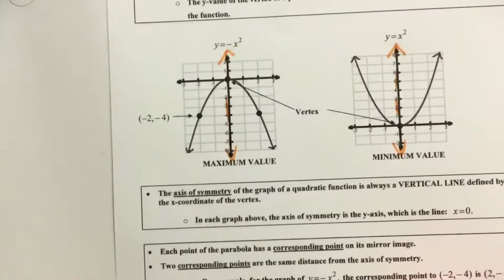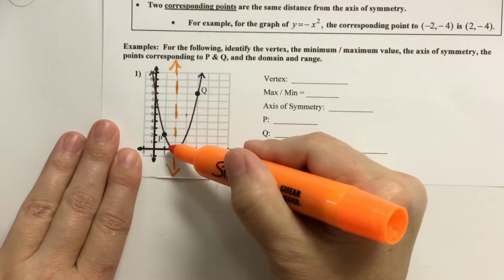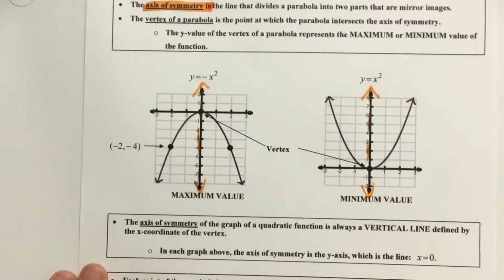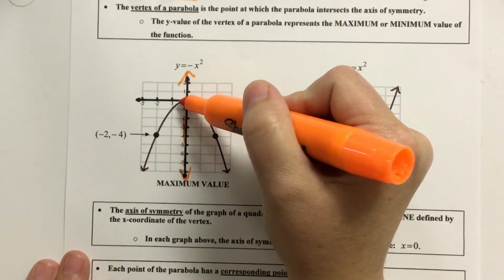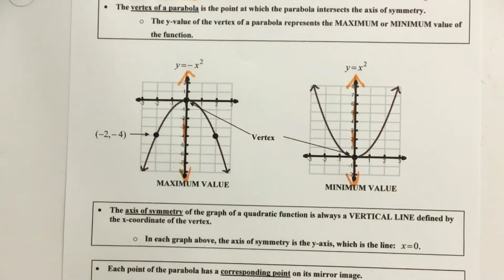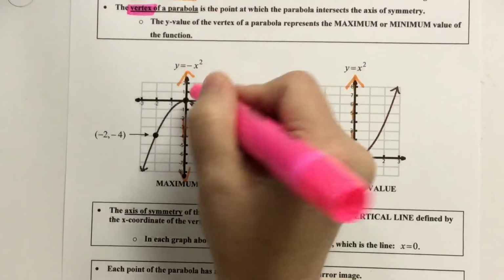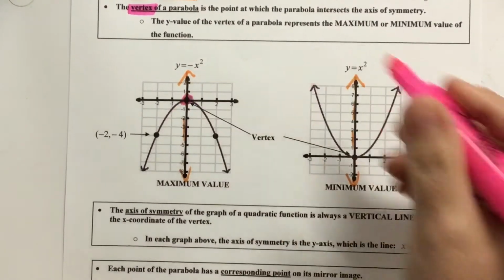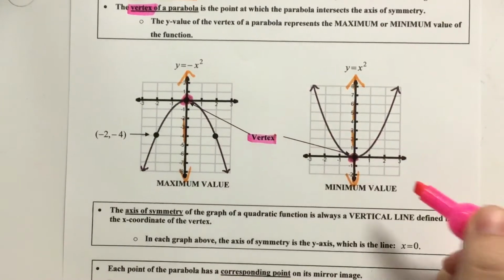Okay, so one thing I do want you to know, the axis of symmetry always goes through what's called the vertex. So the axis of symmetry always goes through either the highest point of the graph or the lowest point of the graph, and that's what a vertex is. So the vertex is the highest point, or the vertex is the lowest point of the graph.